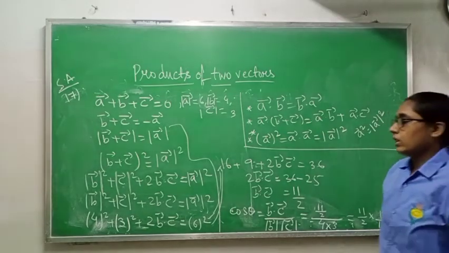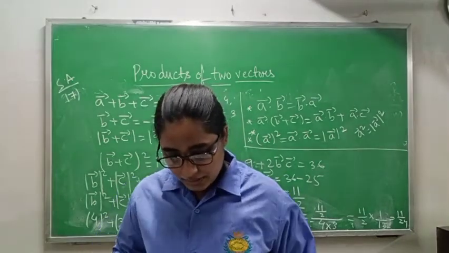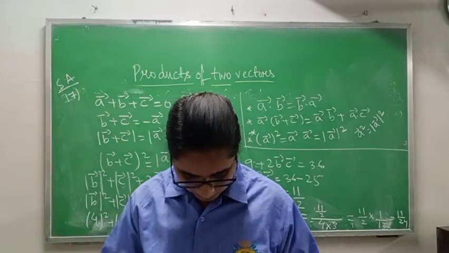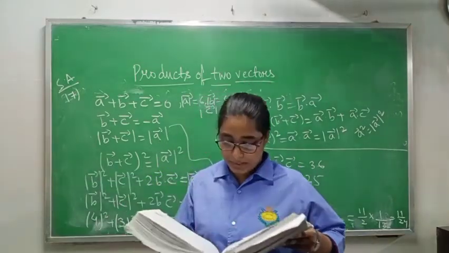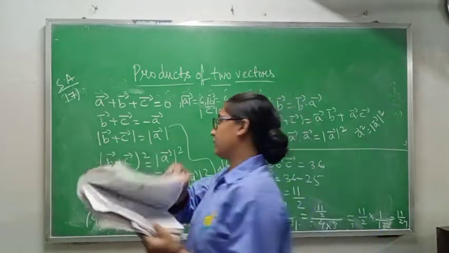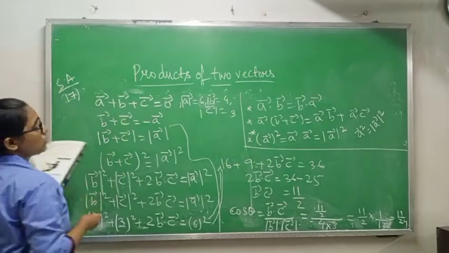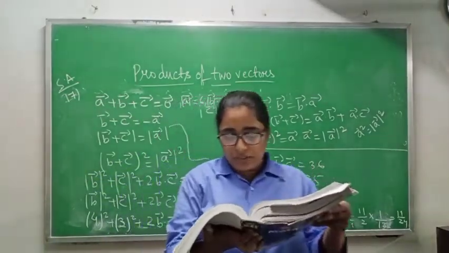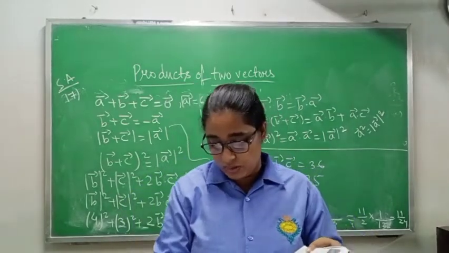Okay, now come to question number 17. In question number 17, it is written, if a vector plus b vector plus c vector equals to 0 vector, and mod a vector equals to 6, mod b vector equals to 4, and mod c vector equals to 3.